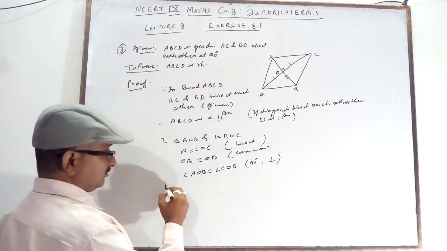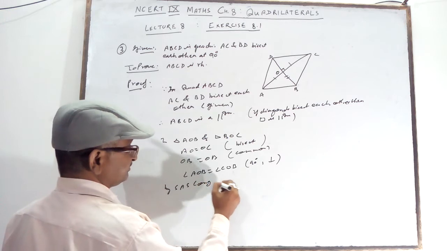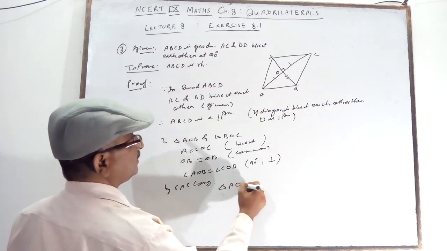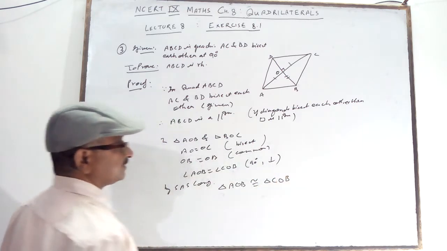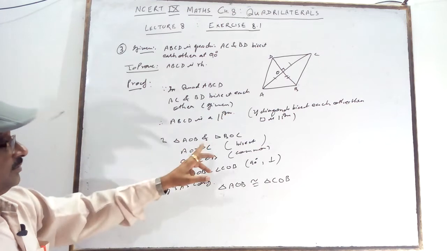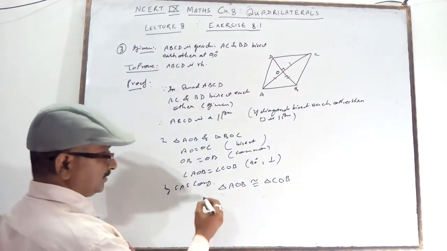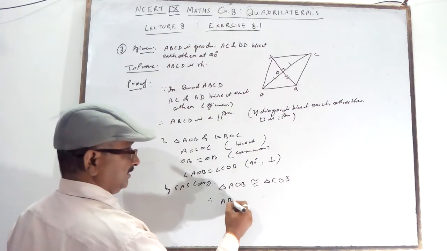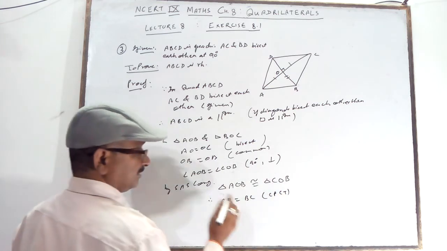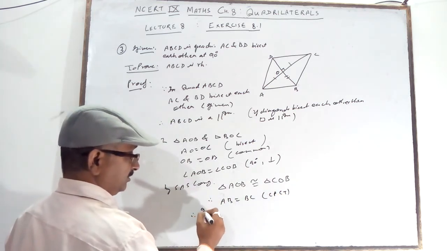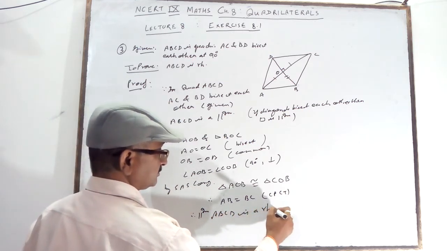So by SAS congruency, triangle AOB is congruent to triangle COB. So AB is equal to BC by CPCT. Therefore, parallelogram ABCD is a rhombus.